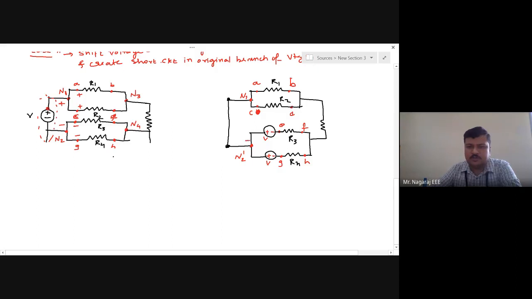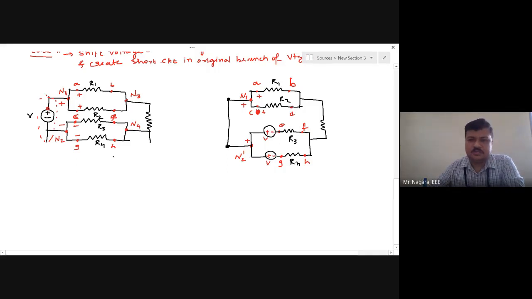So N2 dash is at positive potential and N2 dash is connected to N1 directly. Hence N1 will be at positive potential, A will be at positive potential, C will also be at positive potential. So the polarity of the circuit elements has not changed. Again, this becomes a valid voltage source shifting beyond the node.